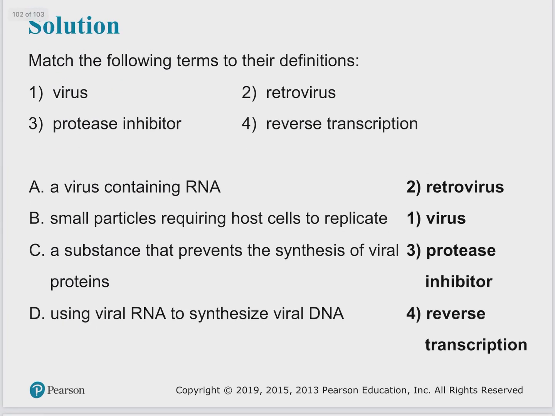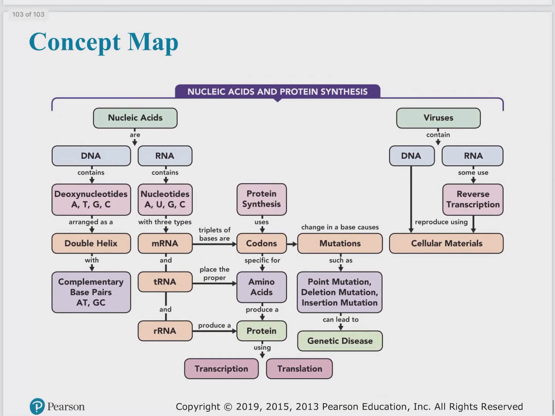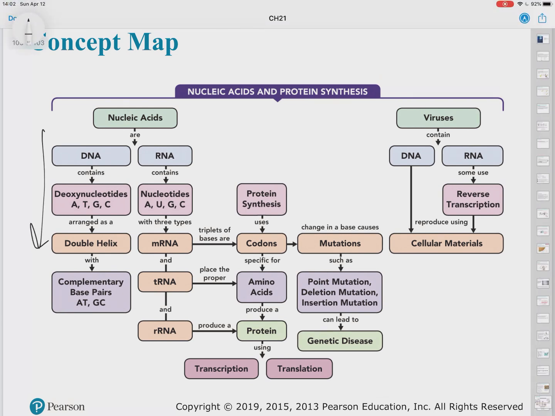All right, and then I think we have just the end here. So we looked at nucleic acids. We looked at the differences between DNA and RNA in those nucleotides. We looked at the structures that DNA forms, the structures that RNA forms.